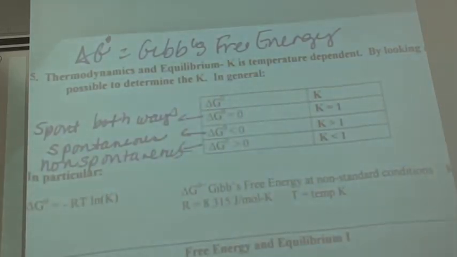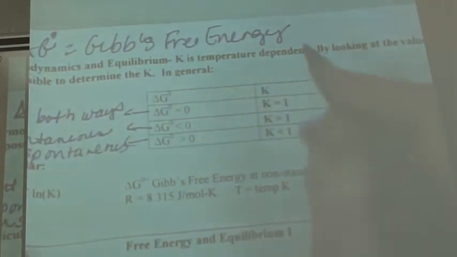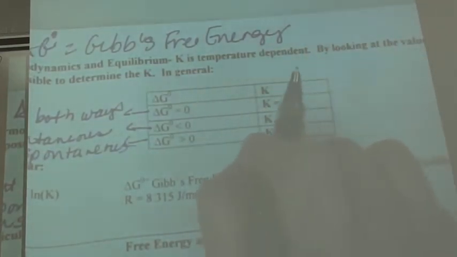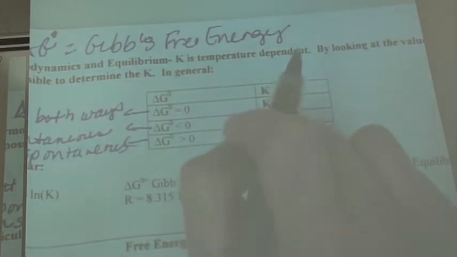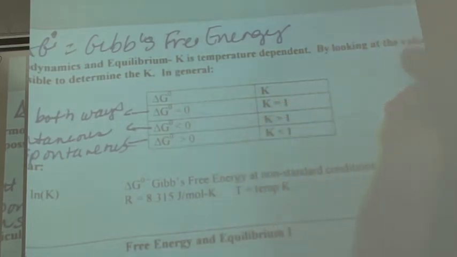All right, now let's go back to K. We talked about K and its magnitude telling us whether the reactants were favored or the products were favored. When K is greater than 1, what was favored? Products favored.